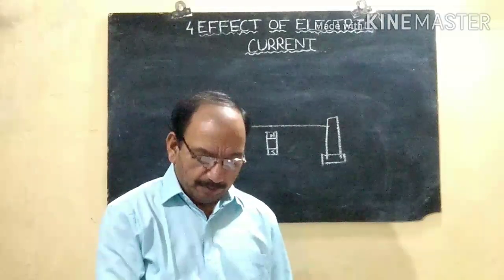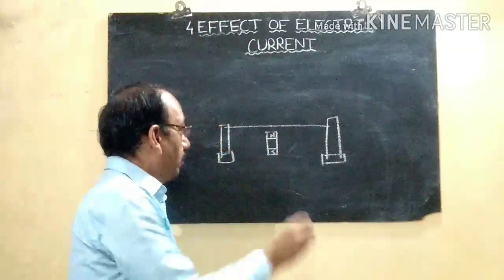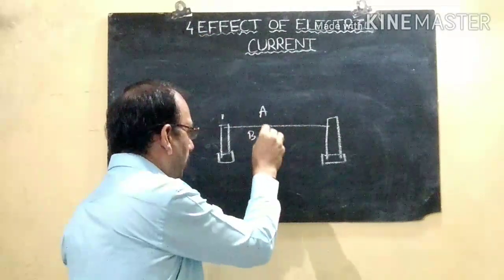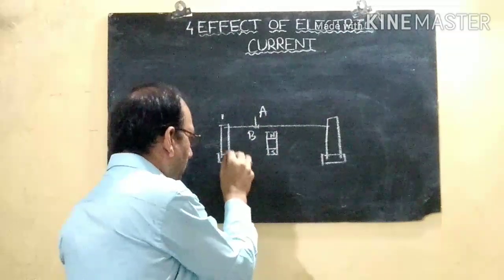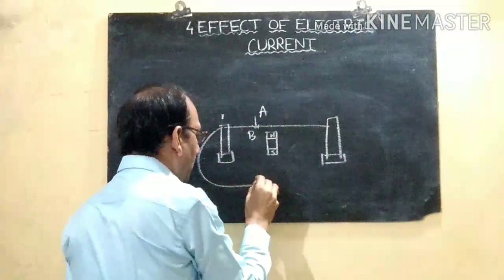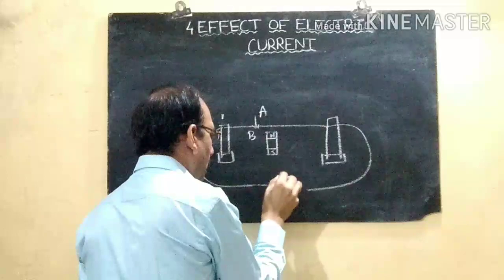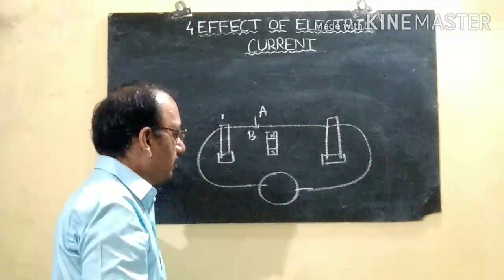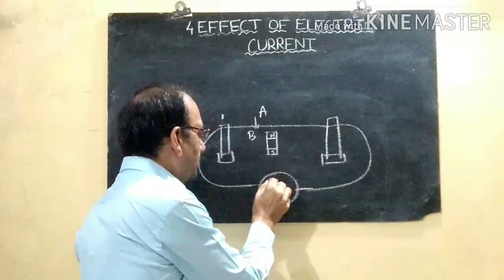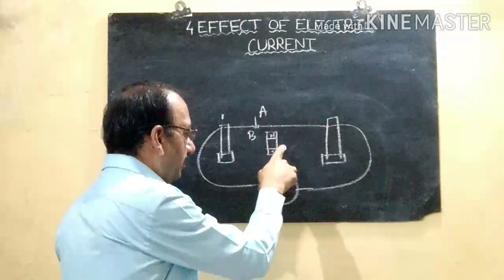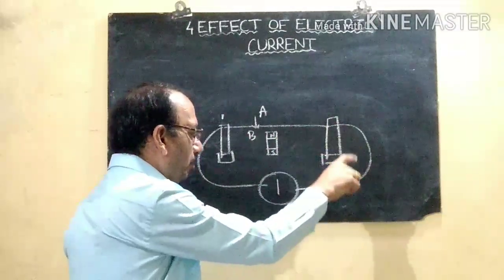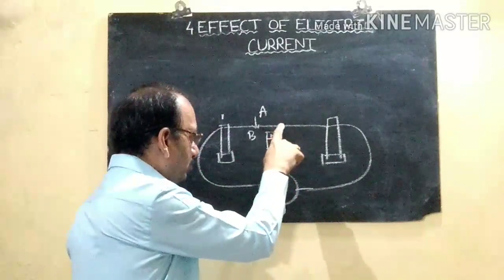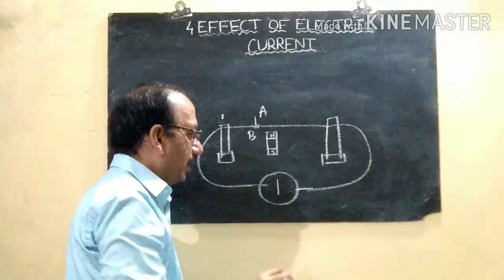Now if the wire is kept moving from A to B, when we move this copper wire from A to B, and connect it with the help of a galvanometer, I will explain what is the use of the galvanometer, then it will show deflection, which proves that some current is flowing through this conducting wire when the wire is moved towards the bar magnet.